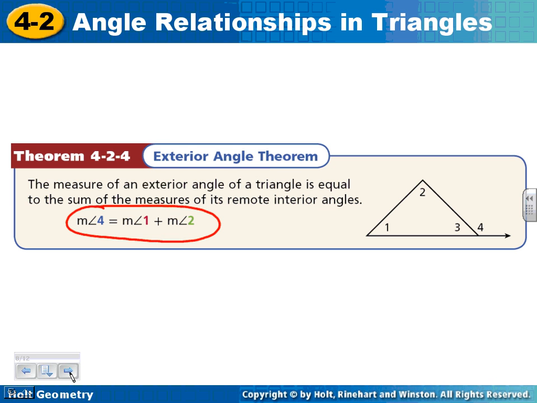Angle 4 is equal to angles 1 and 2. So this angle 4 is on the outside. It equals these other interior angles, which we call remote, so they're the ones away from it. We would add those two together, and that would always equal angle 4.